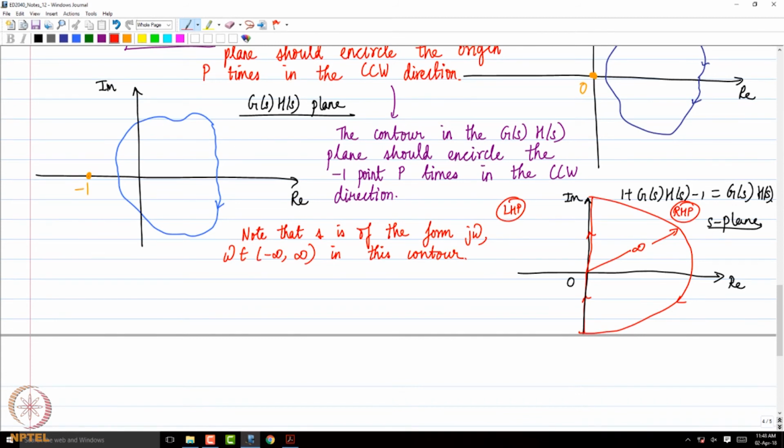The variation is going to come only in the part where s goes from minus j infinity to plus j infinity. In that region, in that contour, s is purely imaginary. Is it not?